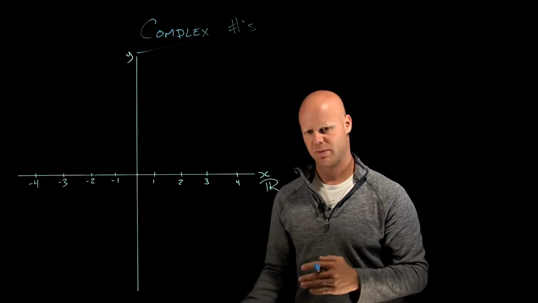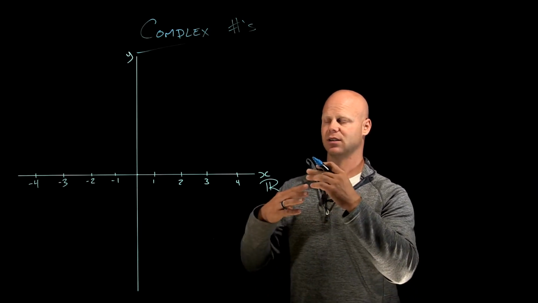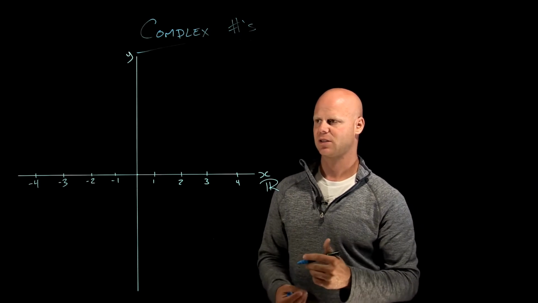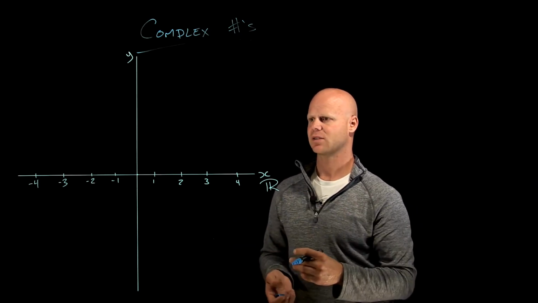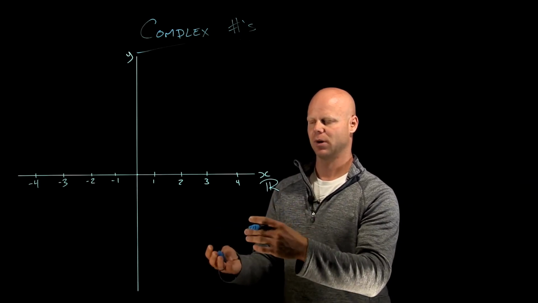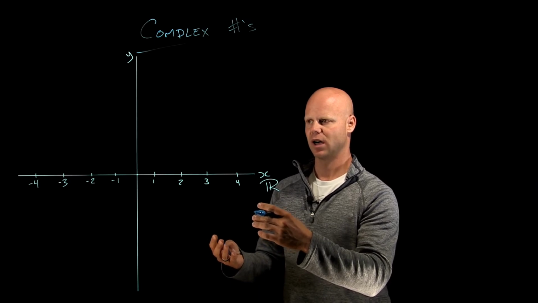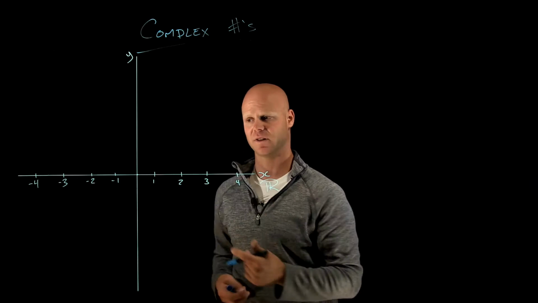So I'm going from one-dimensional to two-dimensional. And as soon as we understand the idea behind complex numbers, it was a way for us to solve very difficult equations by introducing this system, and it actually simplified it a great deal.